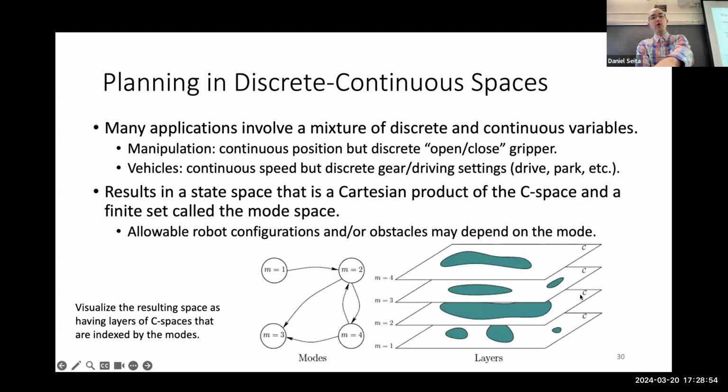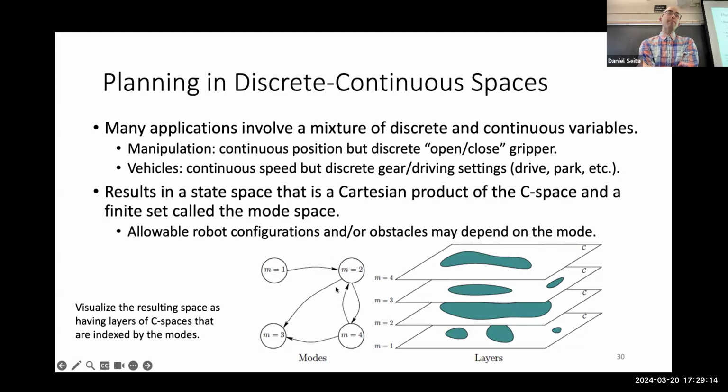What this diagram is trying to show is these spaces as layers of C-spaces indexed by the mode. These are the different modes. The robot might be able to go from mode 1 to mode 2.